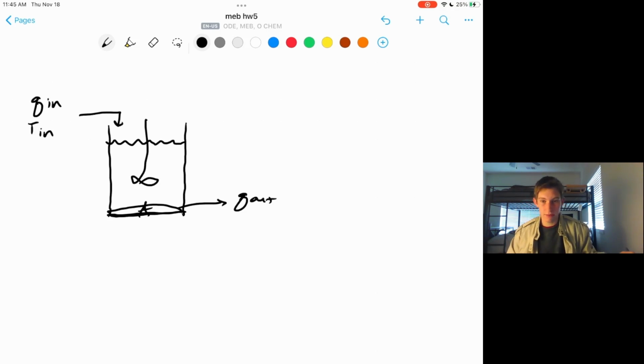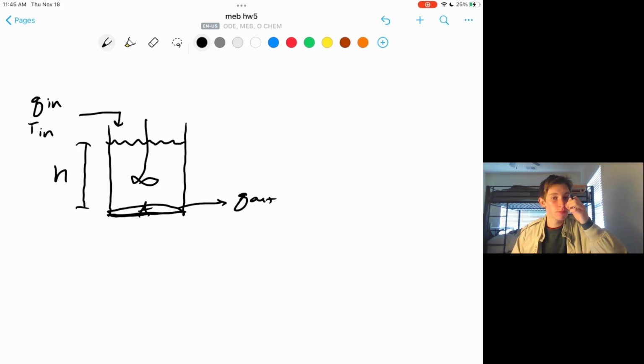We'll label that as A, and then the height we'll call lowercase h. The problem gives us a bunch of initial values for these variables, but we'll input those later when we go into Python and plot the different relationships.